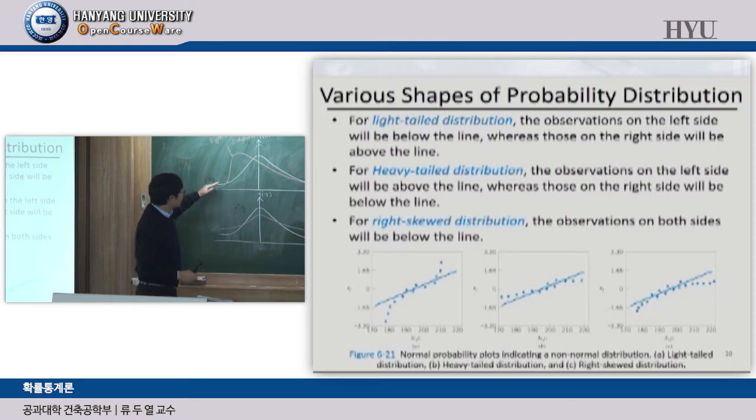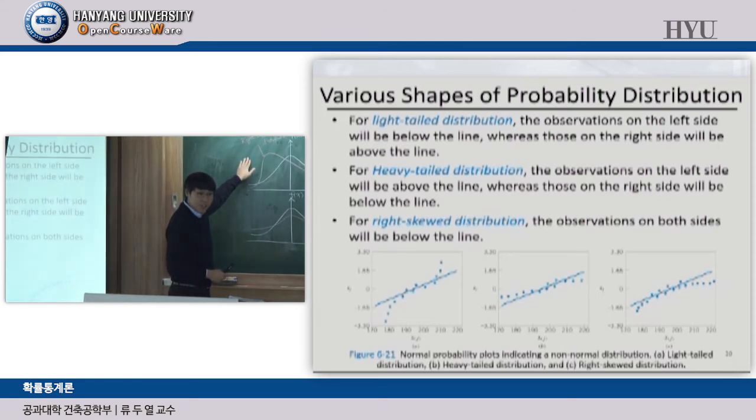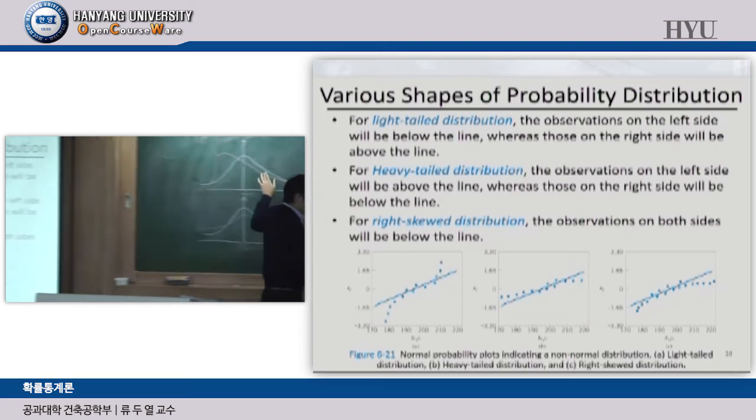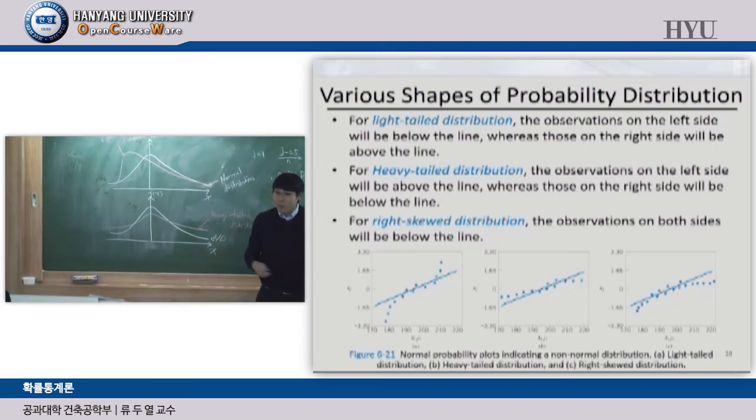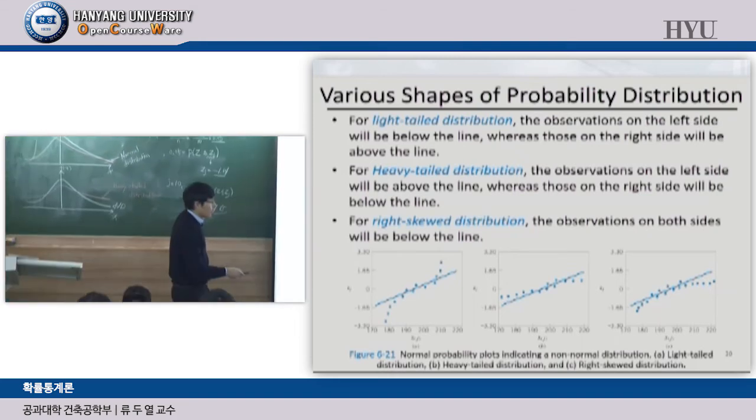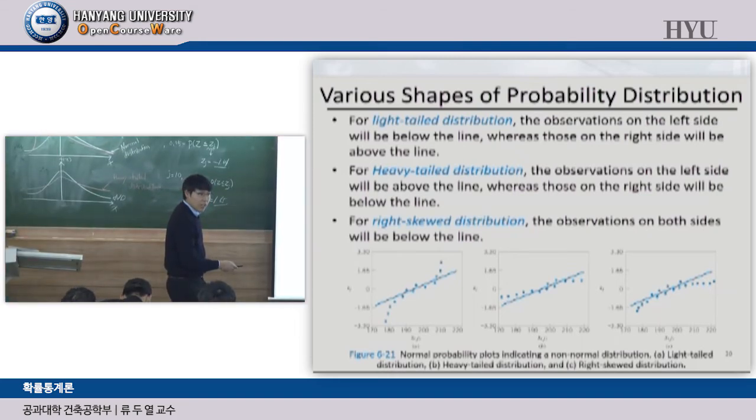If we have this kind of data distribution, okay, we can say this is the right skew distribution, and if we analyze this curve based on the probability plot, we can have this kind of graph, okay? Left and right observations below the line.